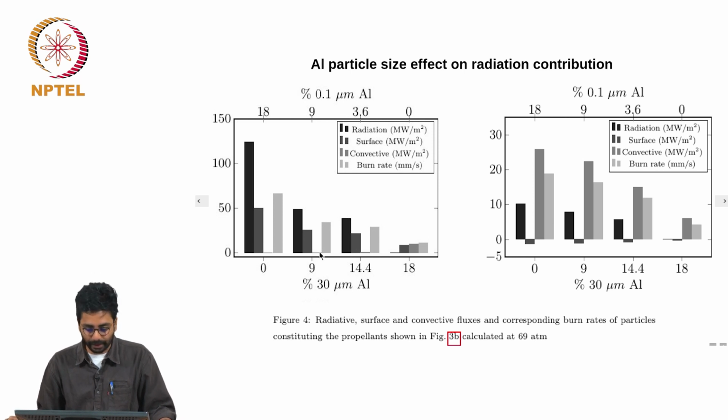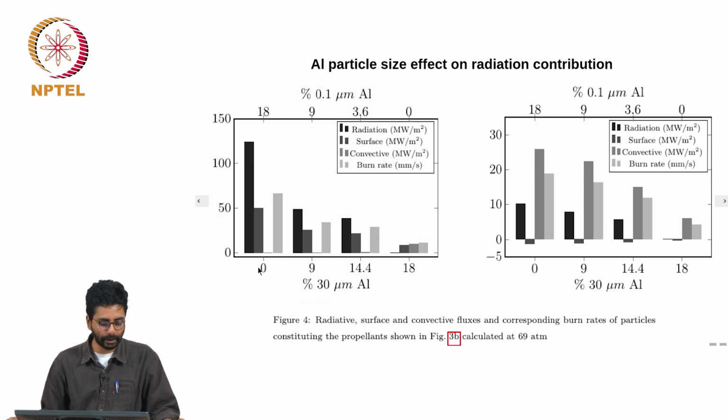What is shown here on the left is the magnitude of different terms in the surface heat balance equation for a case that has 30 micron aluminum and 0% nano aluminum, all the way up to no 30 micron aluminum, or no conventional aluminum, and all ultrafine aluminum.